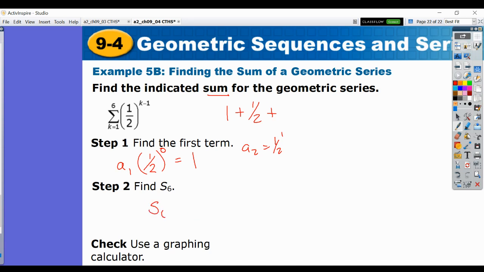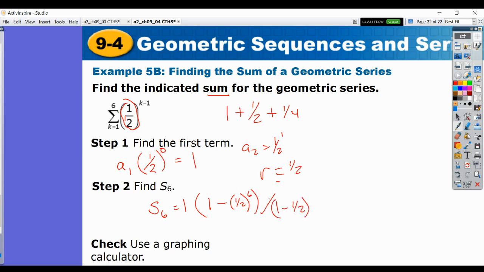If I want the sum of the first 6 terms, I take the first term times 1 minus r. What is r? Did we figure out what r is? Well, what am I multiplying by over and over again? It's going to be whatever the base of the exponent is. So this number 1/2, every time I put another number in here, I'm multiplying by another half. 1/2 is my r. So minus, and I would do parentheses 1/2 to the 6th power divided by 1 minus 1/2 in parentheses.